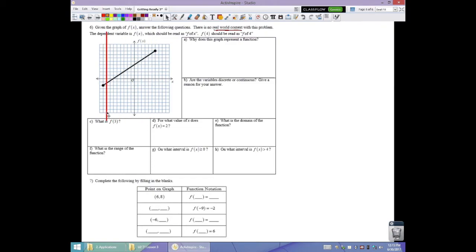It is always hitting 1 or even at some places none, but 1 or fewer points. So therefore, it is a function, and it's because, again, each value of the domain is paired with exactly one range value.